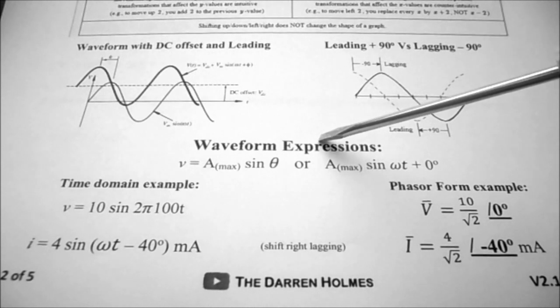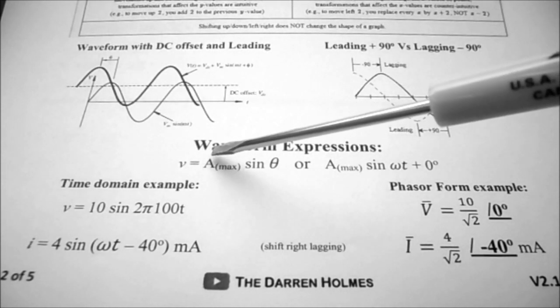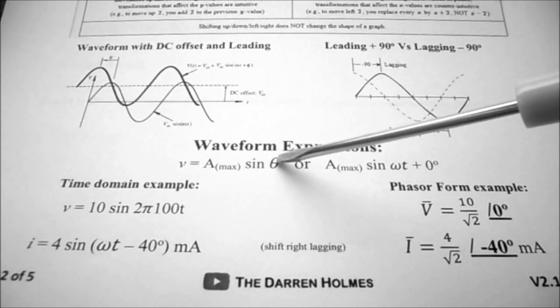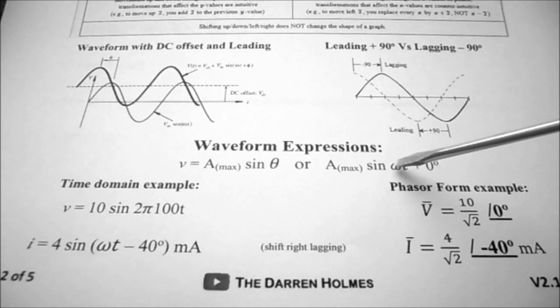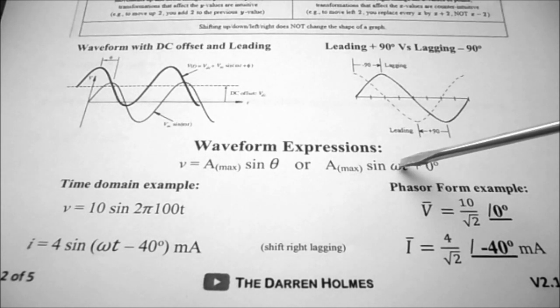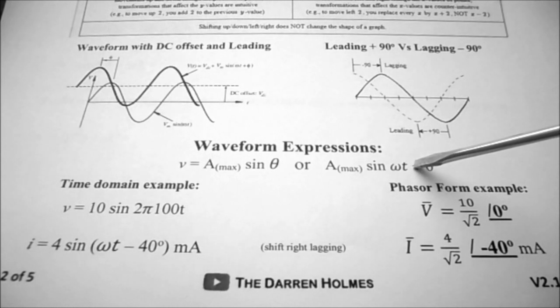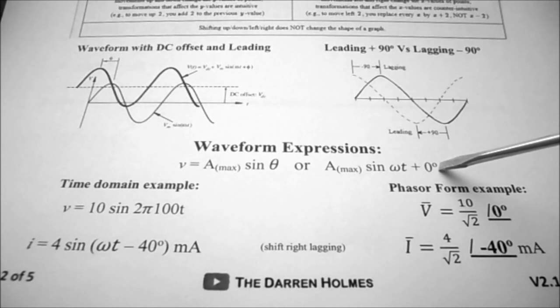So looking at our waveform expression, we can see it's of the form V equals A max sine theta, or A max sine omega t. Remember that omega is 2 pi f, and it could be plus or minus a phase angle.